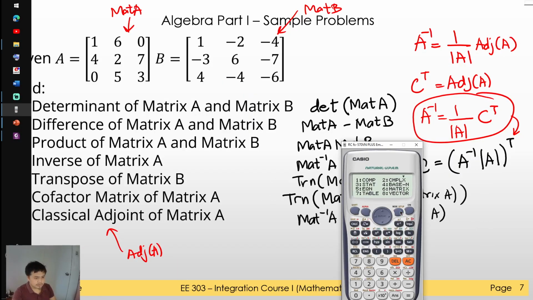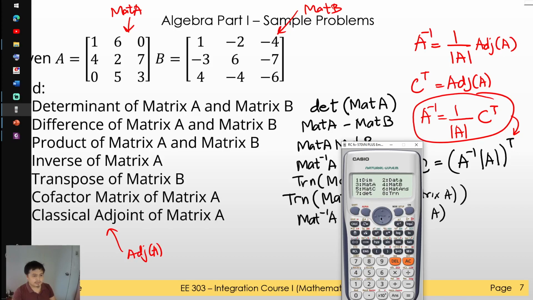So we have mode and then matrix, so 6 and then 1. So we have 1, 6, 0, 4, 2, 7, 0, 5, and then 3. And then for the other matrix, this is for matrix A, so shift matrix, so shift 4.